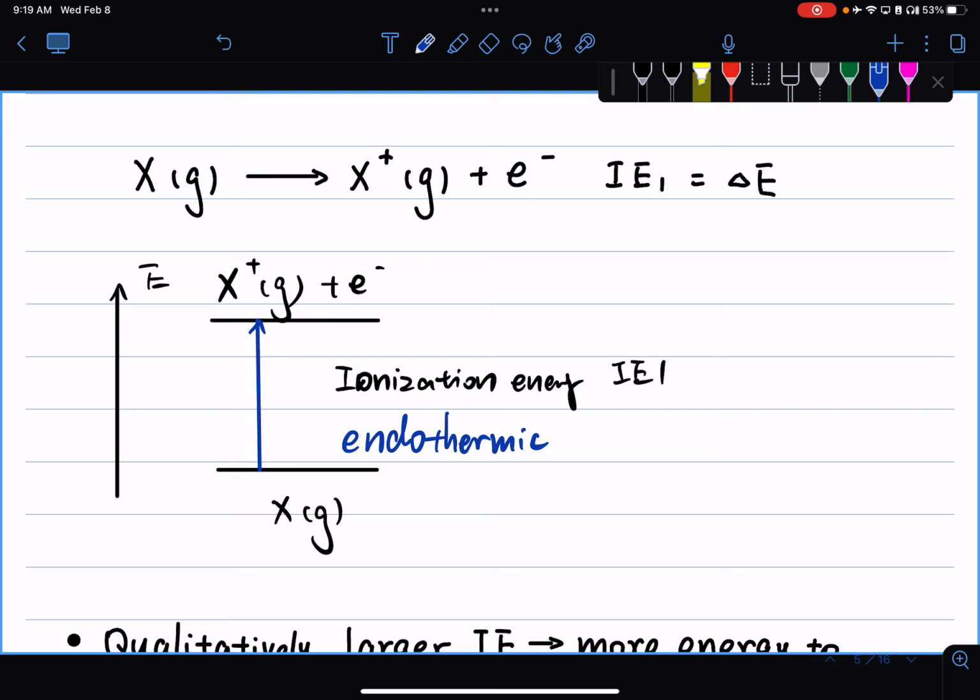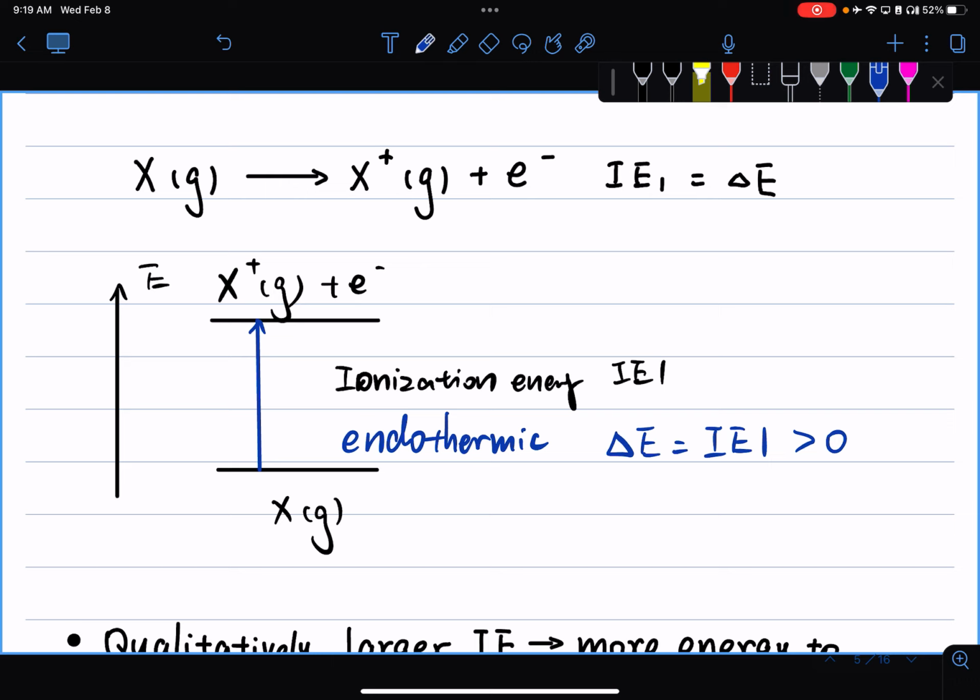It requires energy to remove an electron from a neutral atom. All right, so endothermic is just a new terminology that describes that the process requires energy for it to take place.